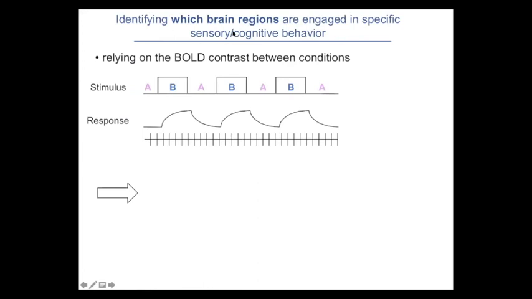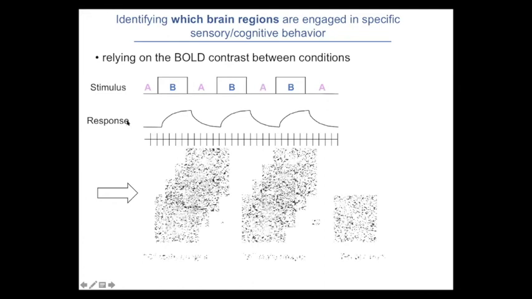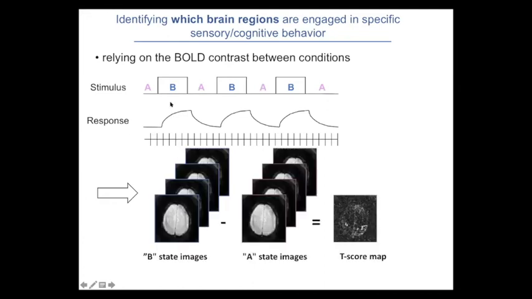So to identify which regions are activated by a task, fMRI really just depends on the blood oxygen level dependent contrast between conditions. So let's see which regions are activated or show different behavior between these 2 conditions. We measure fMRI signals across entire scans, sort all the signals from one state and all the signals from another state, and then we compare the signal intensity voxel-wise.